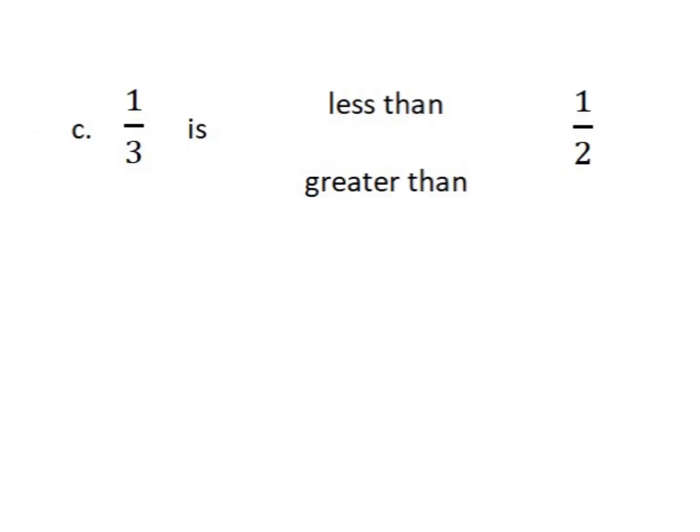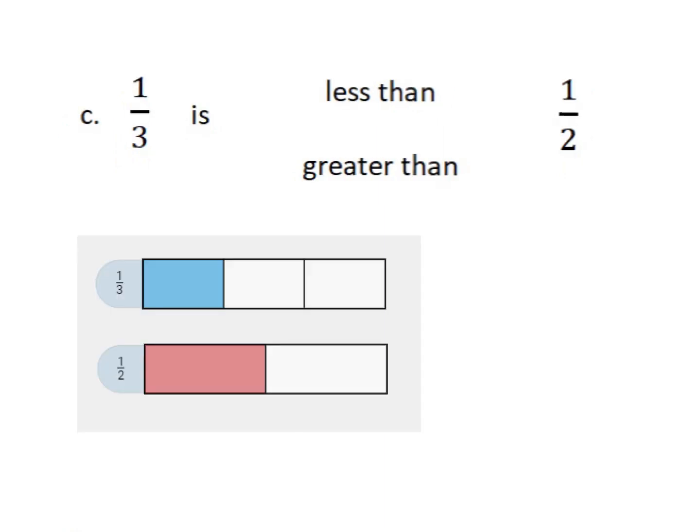Our task is to determine which is greater, 1/3 or 1/2. Now, fractions are a bit tricky because you can't just compare which number is bigger. You would normally think 1/3 is bigger than 1/2, but as you can see here, 1/2 is actually bigger than 1/3.